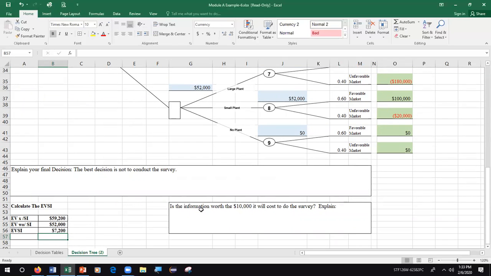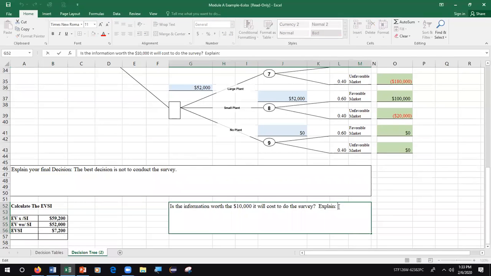So if we're thinking, then the question over to the right of that box says, it's going to cost $10,000 to do the survey. Is it worth it? What's our answer to that? No. Yep. And let's say, no, it is not.